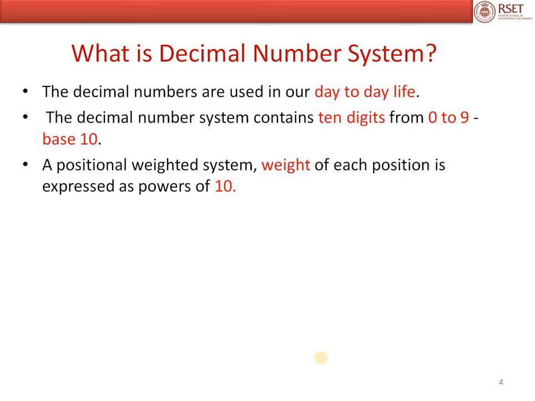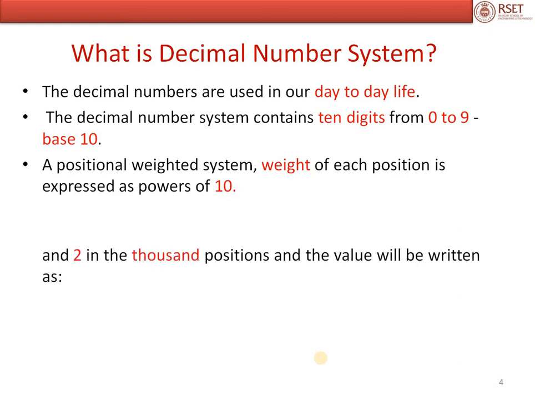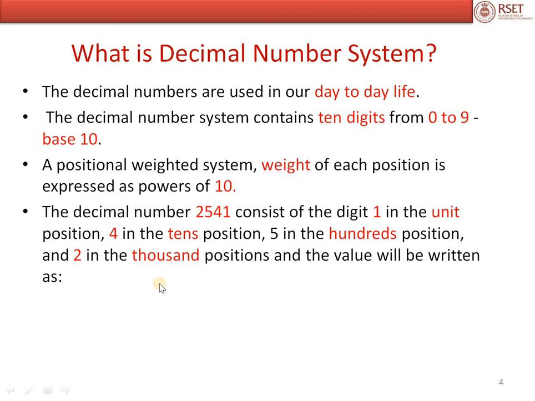The weight of each position is expressed as a power of 10. For example, if you consider the decimal number 2541, it consists of the digit 1 in the unit position, 4 in the tens position, 5 in the 100 position and 2 in the 1000 position.